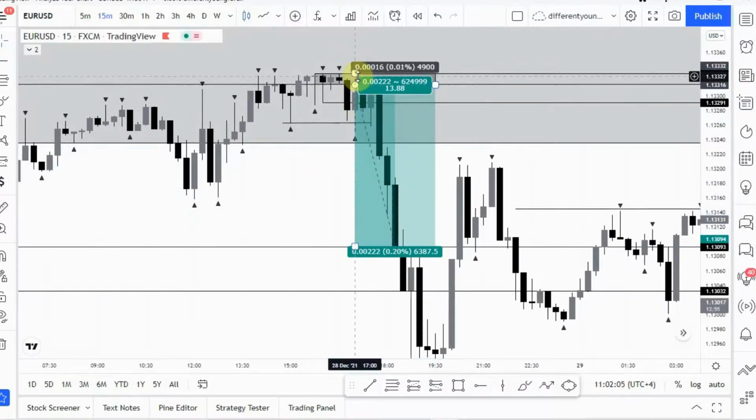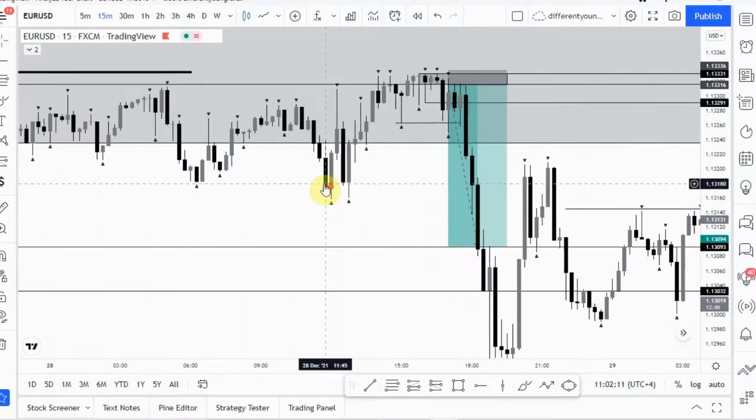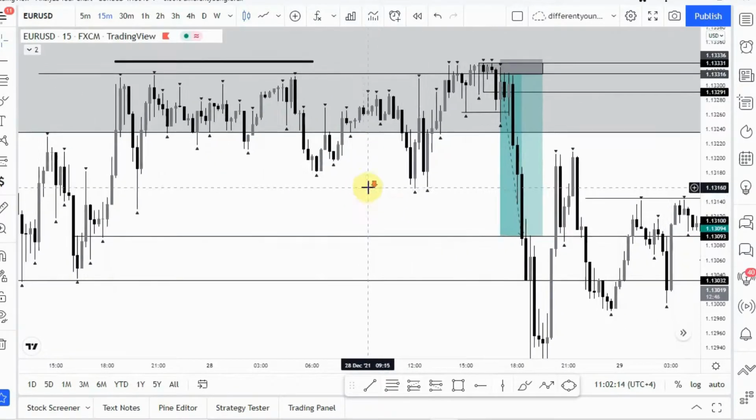It's basically a 1.6 pip stop loss. Definitely you could use it to the 2 pip, and at one point it was like that.